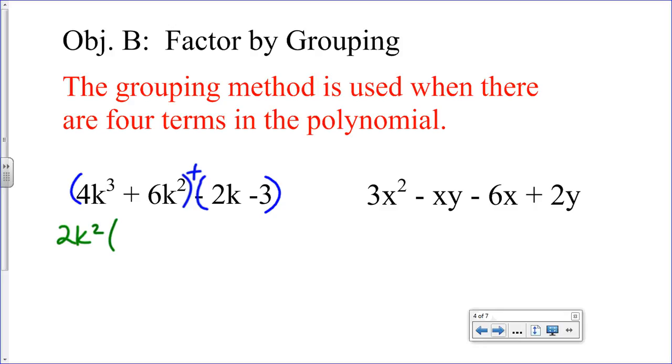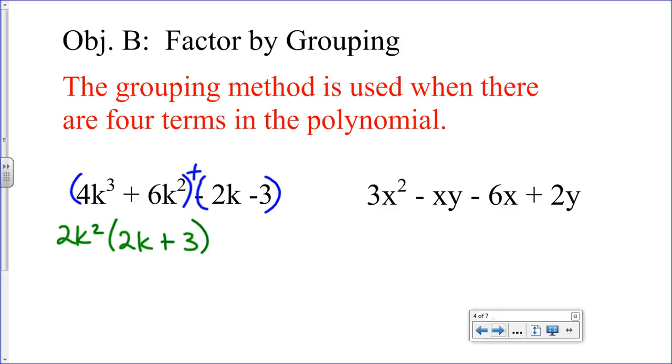So I'm left with on the inside 2. What times 2 gives me 4? And k squared times what gives me k cubed? Okay. Plus 2 times 3. And then k squared to get k squared is just 1, so I'm good here.